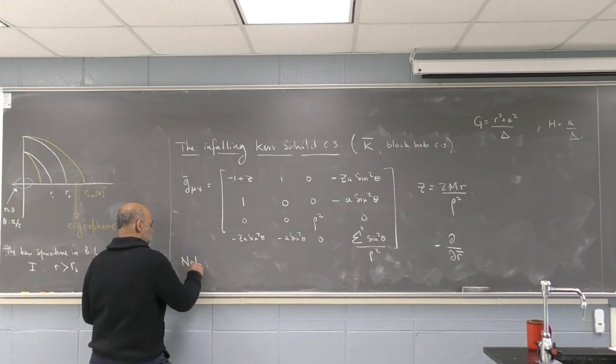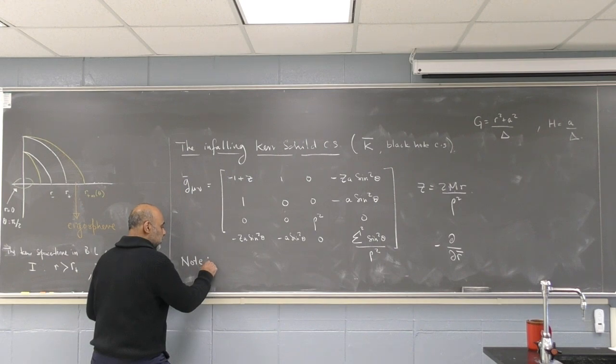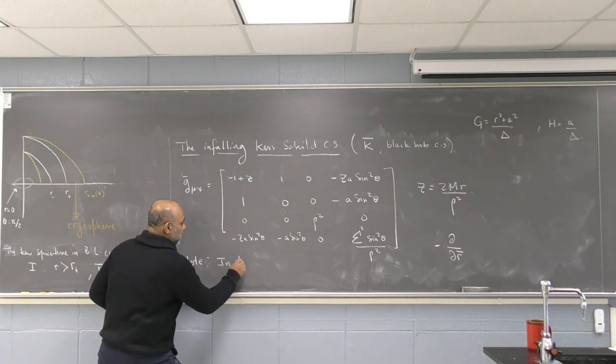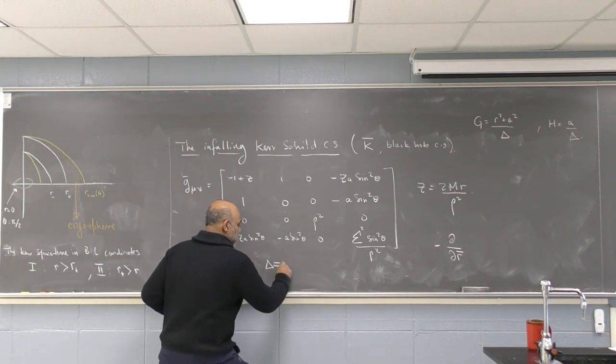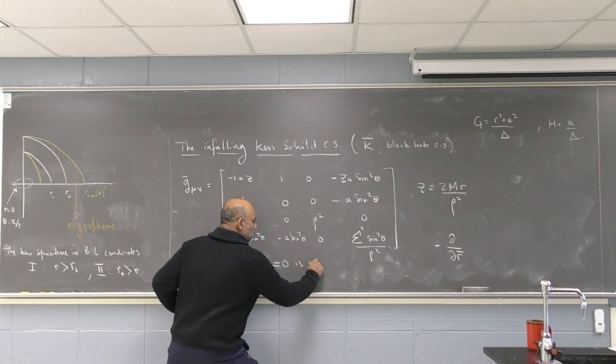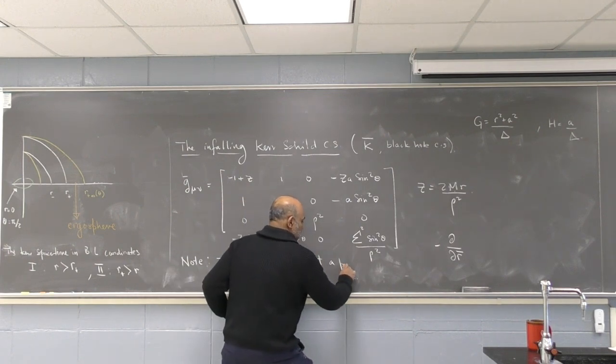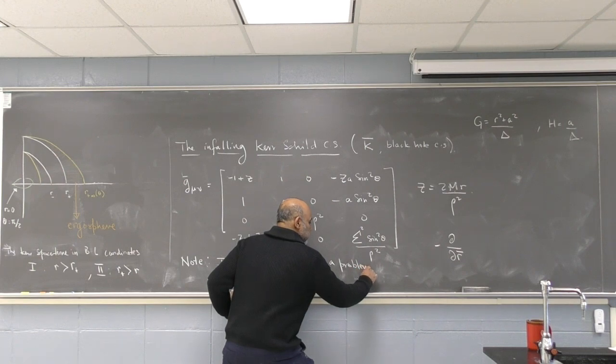Note the crucial point of today: in K bar, delta equals 0 is not a problem.